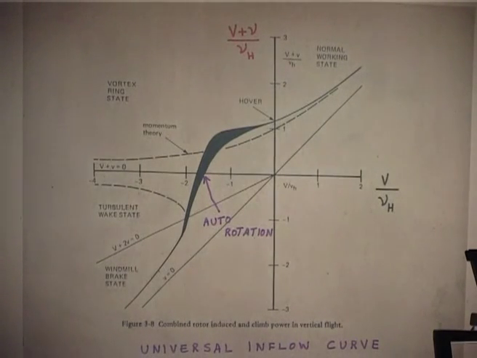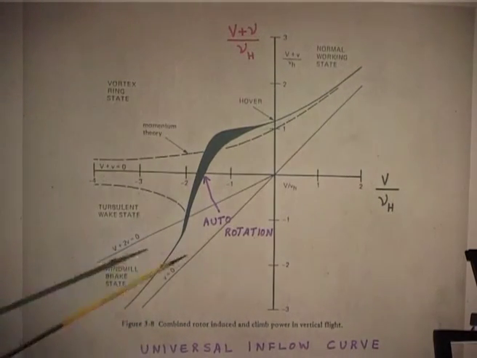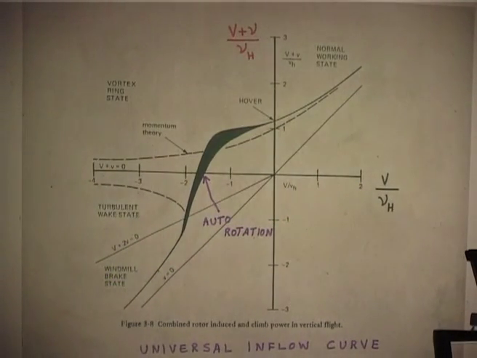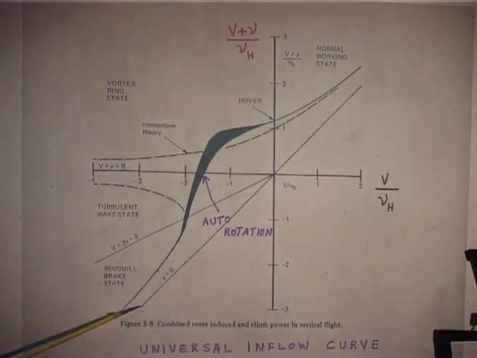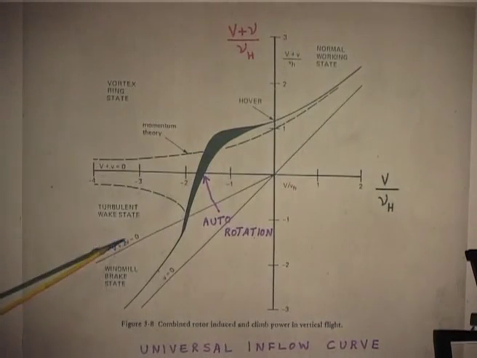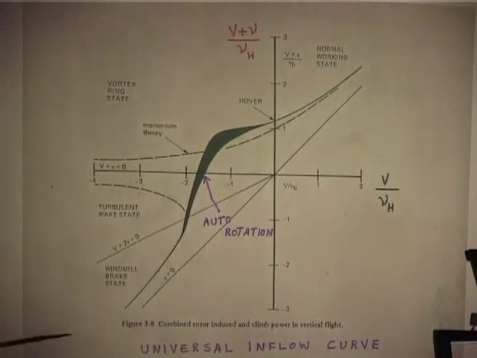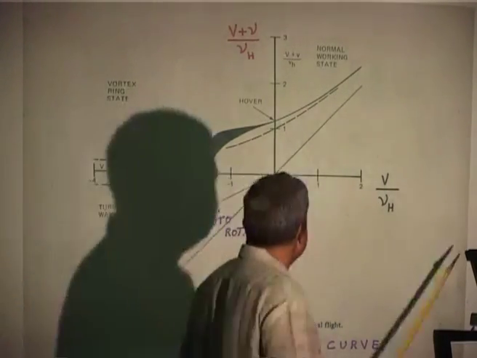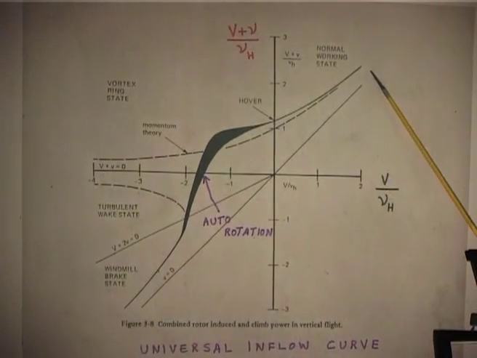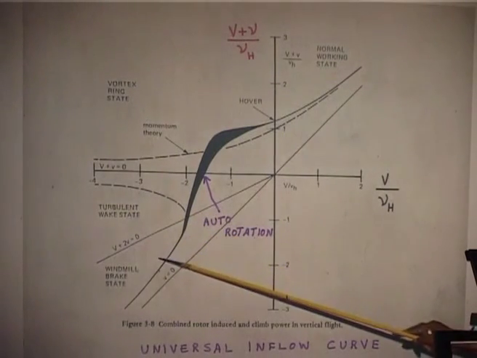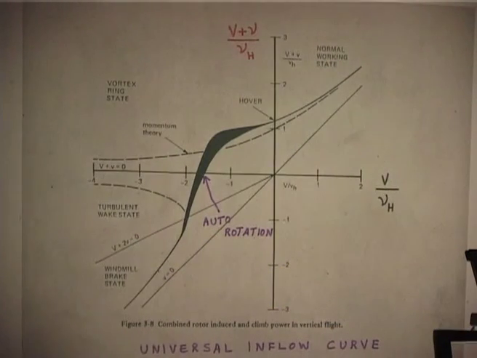Now, you see V plus nu equal to 0 is nothing but my x axis, and then this is my 45-degree line, and this is V plus 2 nu, this line. So, I have split the whole thing I showed earlier: normal working state, vortex ring state, turbulent wake, and windmill brake state. This is called the universal inflow curve.